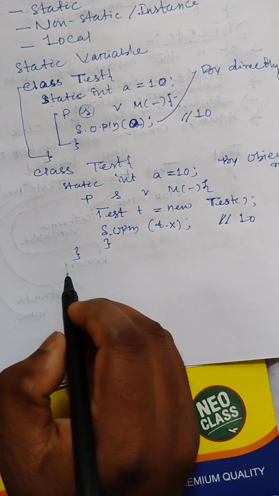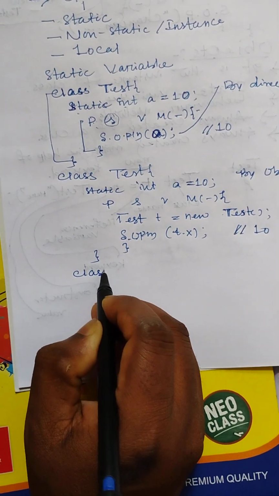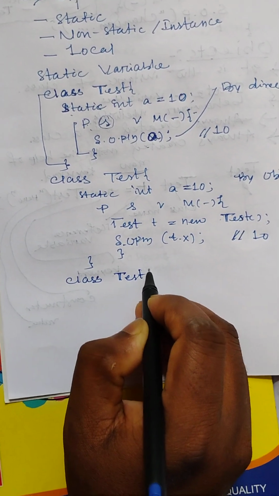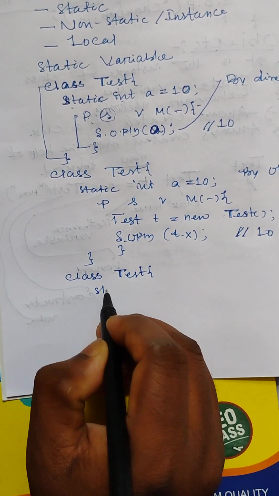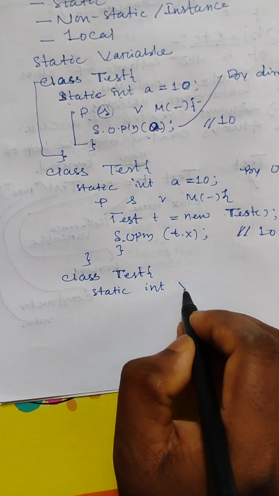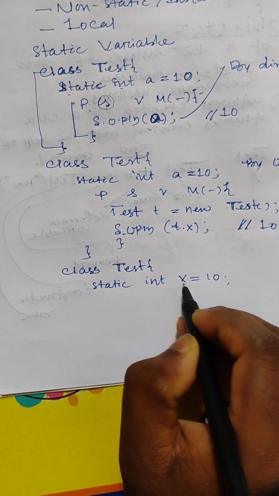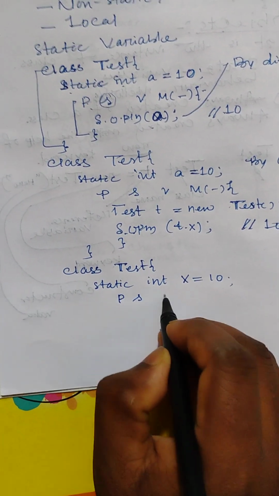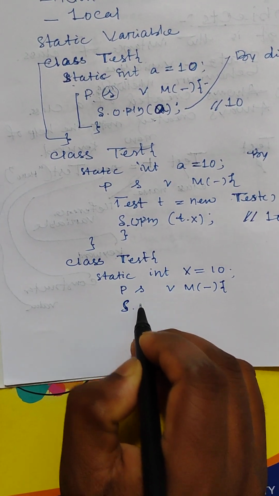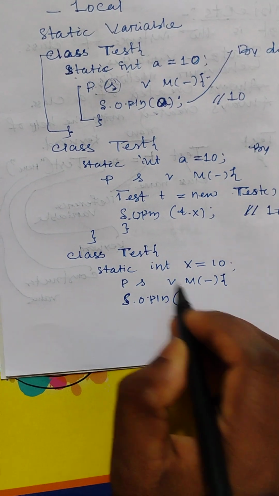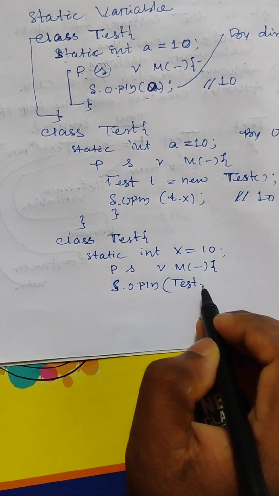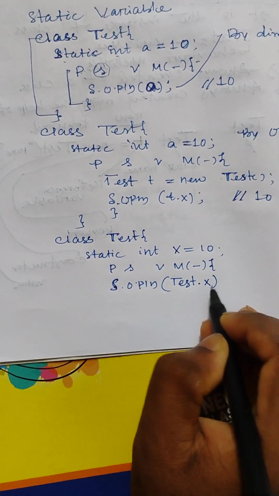Here is another way, and that is the recommended way. For static members, you can call them by using the class name. Suppose static int x is equal to 10, public static void main, System.out.println, this is the test class name, dot the variable name.